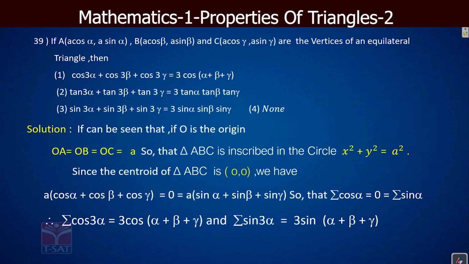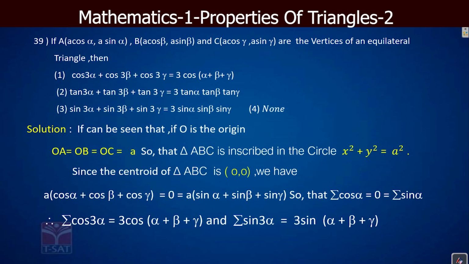So from this you will get sigma cos 3 alpha is 3 into cos of alpha plus beta plus gamma, and sigma sin 3 alpha is equal to 3 into sin of alpha plus beta plus gamma. Of course, this is a standard problem, an application of the De Moivre theorem, that everybody knows.